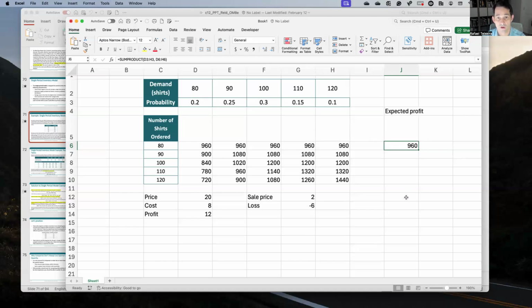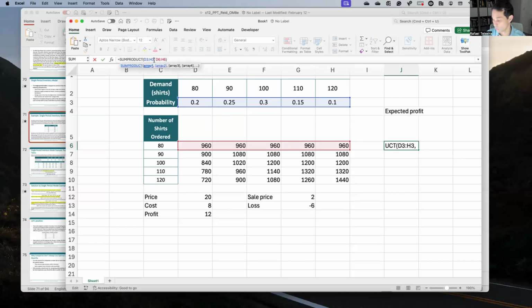So I'm going to do that for all other rows, but I want to lock this probability range here. So I come up on top, click on the formula tab, highlight the blue one, that's the one I want to lock. I come in front of it and type the dollar sign in front of the letters and the numbers for that array.